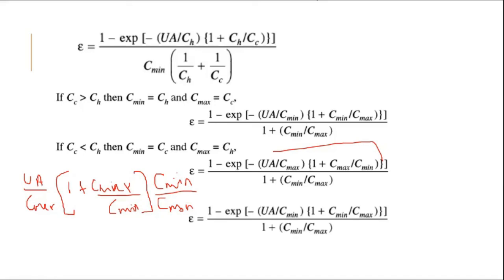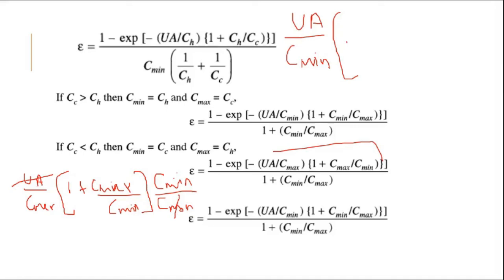Okay, now we will rearrange the equation a bit. I am writing UA. This portion is covered. Divided by this Cmin, I am taking it to the denominator of UA. So here I can write UA divided by Cmin multiplied by this Cmax, I am taking it inside the bracket. This Cmin also I am taking inside the bracket.